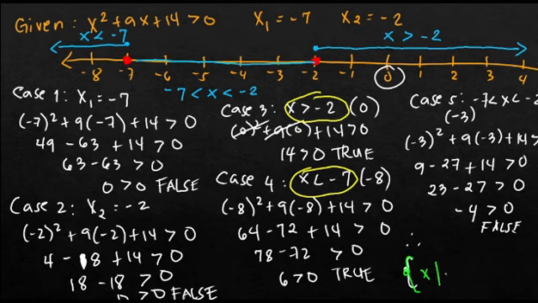X such that x is greater than negative 2 or x is less than negative 7. That's it. This is our solution set for the quadratic inequality x squared plus 9x plus 14 greater than 0. So yun yung mga solution set na magsasatisfy dun sa given inequality.